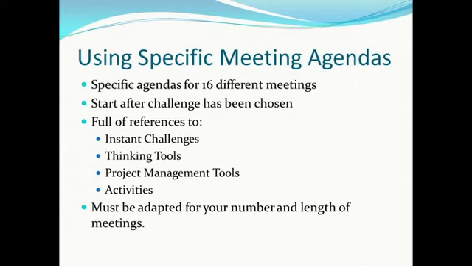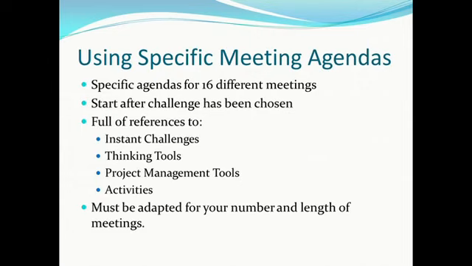They have full references to what instant challenges to do at what time, and thinking tools that you can use with your team at certain times to do certain things, and what project management tools are appropriate at what stage.